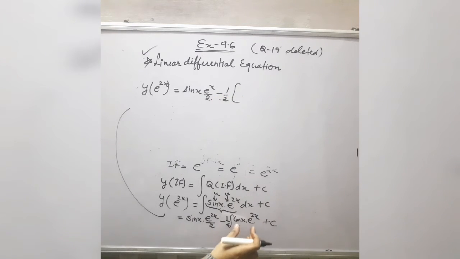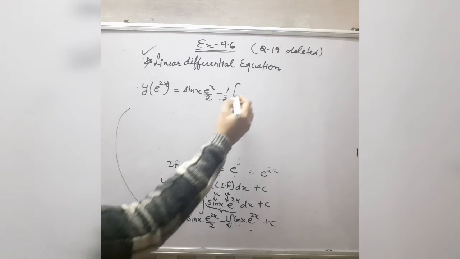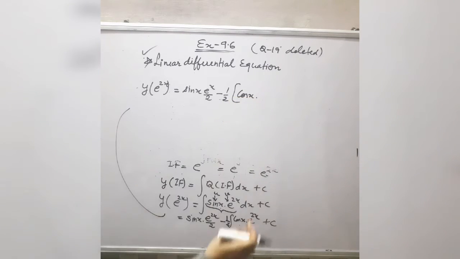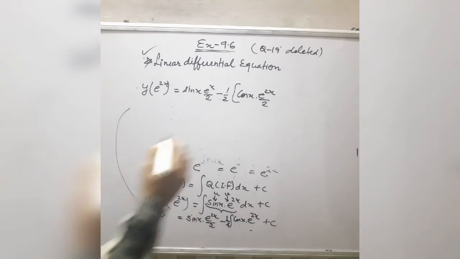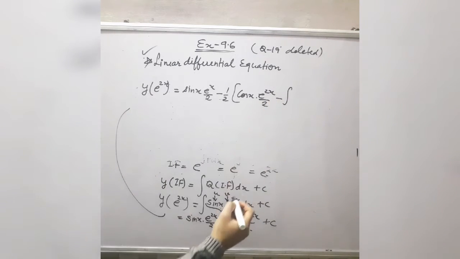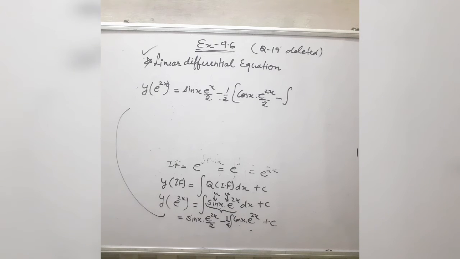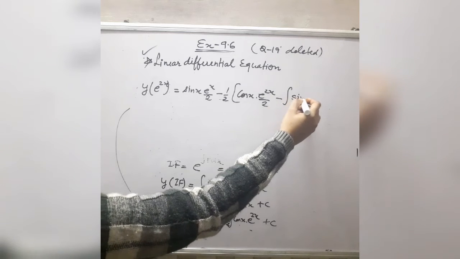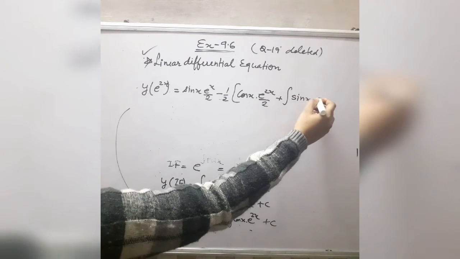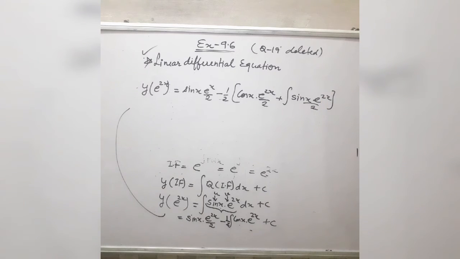Now the integration of cos x times e raised to power 2x. Again u remains as it is, so cos x remains as it is, times the integration of v, e raised to power 2x by 2, then minus sign. Now the derivative of cos x is minus sin x, and minus minus becomes plus, or otherwise you can directly write minus sin x, times the integration of e raised to power 2x, which is e raised to power 2x by 2.